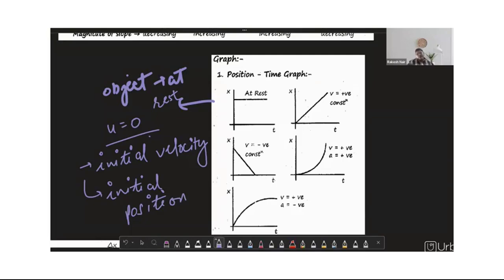In the second condition, we can see a constant increase, a constant rise in terms of velocity.